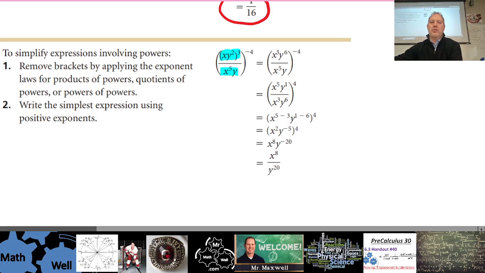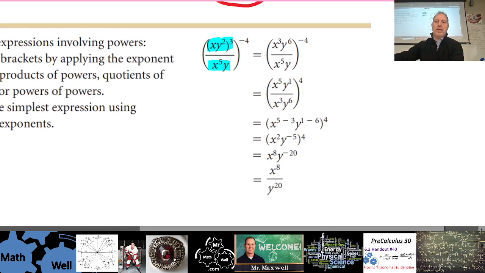And as you remember, you want to do the numerator and the denominator kind of separately. And if you can simplify things inside the brackets, that's a good idea to do first. So xy squared to the power of 3 is x cubed times y to the 2 times 3, y to the 6. Down here, you can't really do any simplification, so we'll just rewrite everything here.